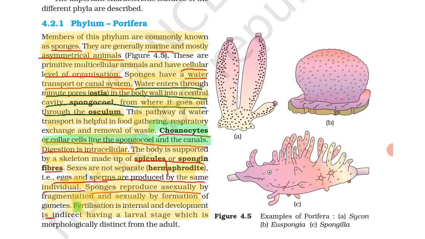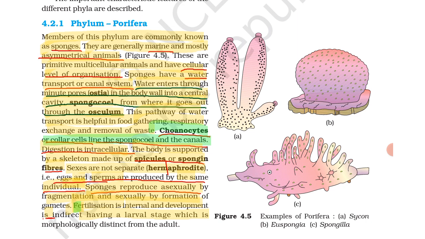So they possess a water transport canal system. The water enters the body cavity through the minute pores ostia, the body cavity is called spongocoel, and from it the water moves outside the body through the osculum. This pathway of water transport is helpful in food gathering, respiratory exchange, and removal of waste products.